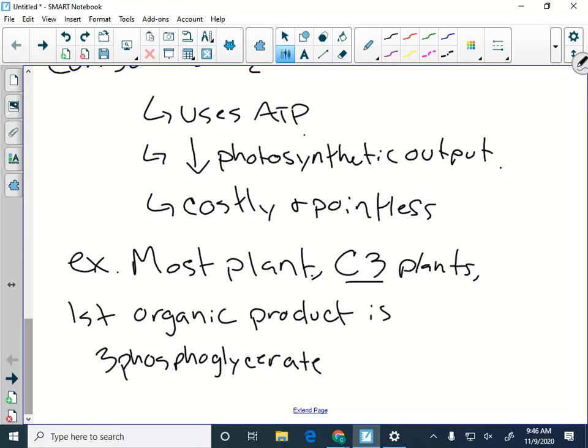So most of our plants, our flowers or trees, etc., are C3 plants.